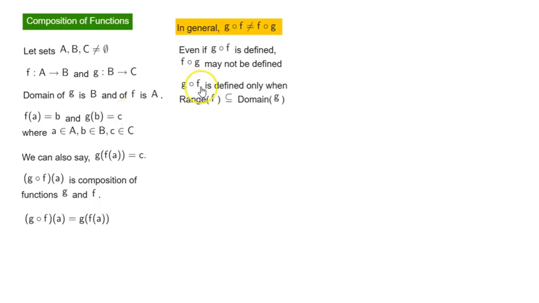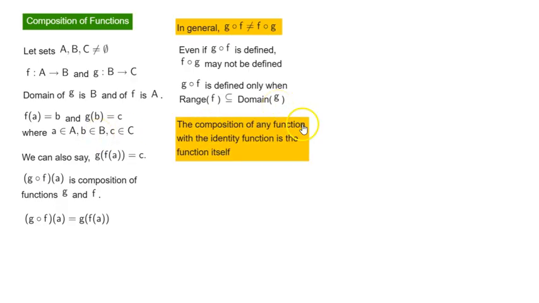Now g∘f is defined only when the range of f is a subset of domain of g. So what does that mean? That means when we evaluate f of a, it should give us a result which is there in the domain of g, that is in B.